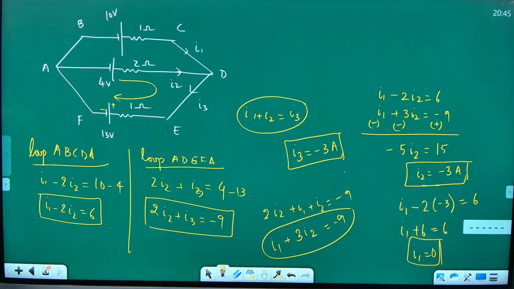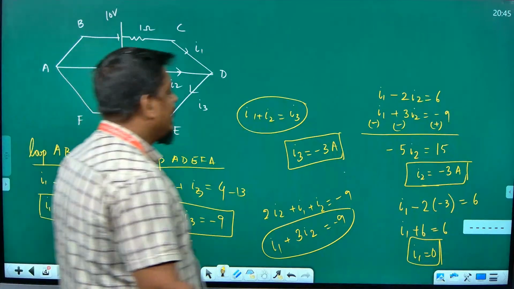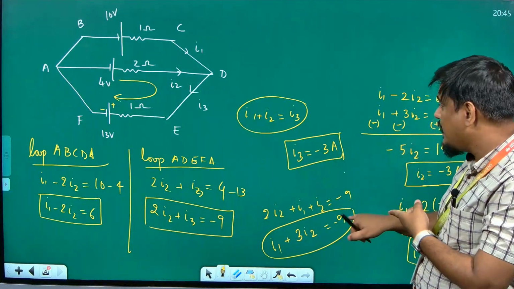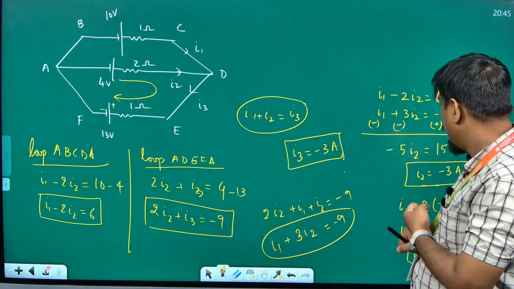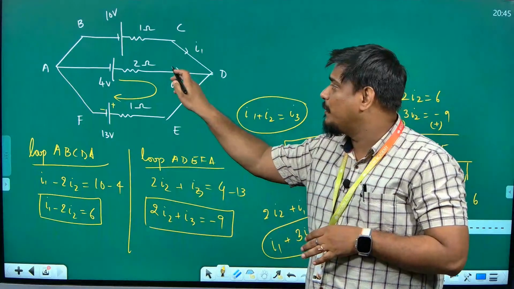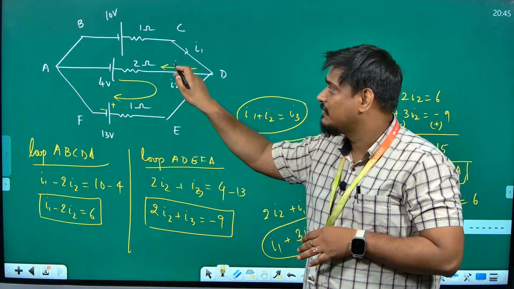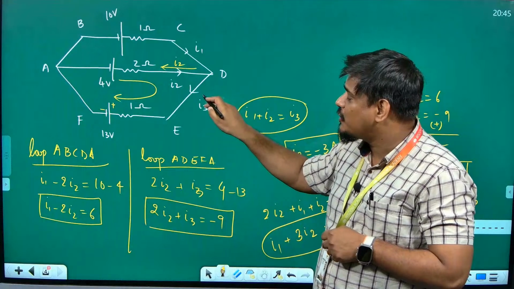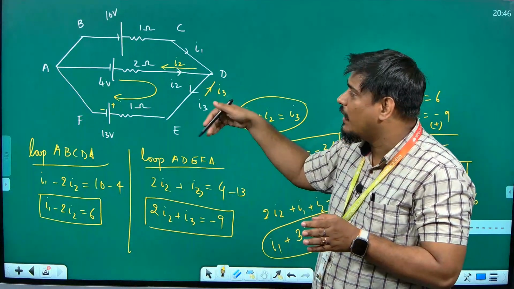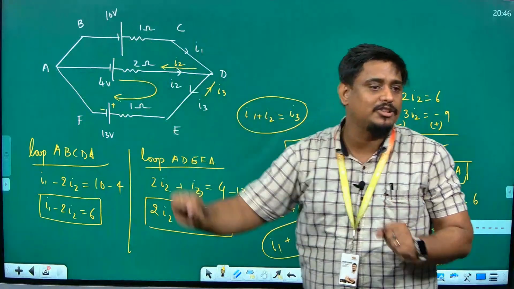Yes. You know what it means? Now please pay attention. It means that the direction of I2 and I3 are assumed wrong. It means I2 should be in this direction and I3 should be in this direction, and literally there will be no current flowing in the branch.